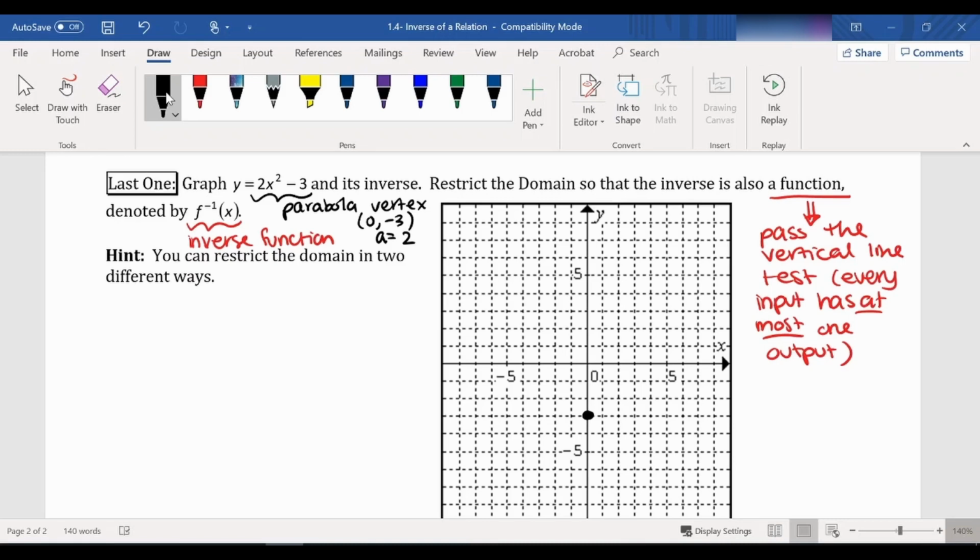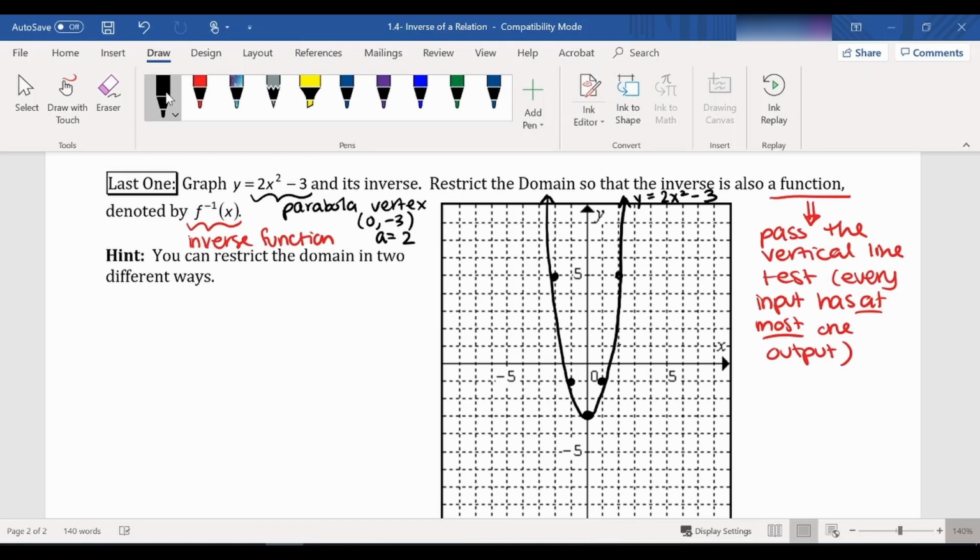I'm going to go over 1 and then up 2. And then over 1, and instead of going up 3, I'm going to go up 6. Okay. Could go again, but I'm going to run out of space, so I'll stop there. So this is my y equals 2x squared minus 3.